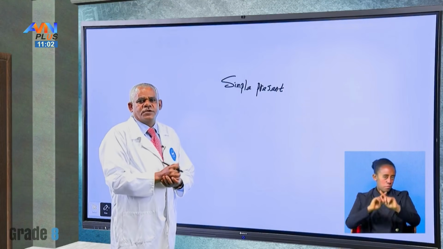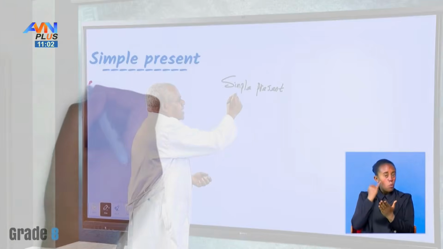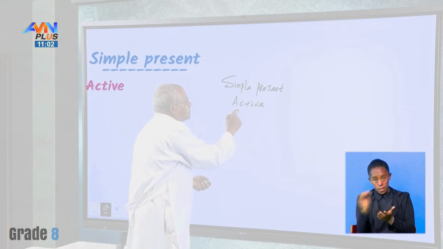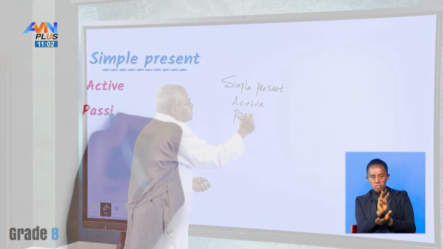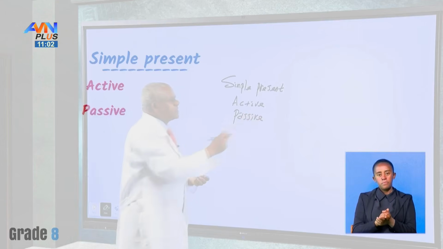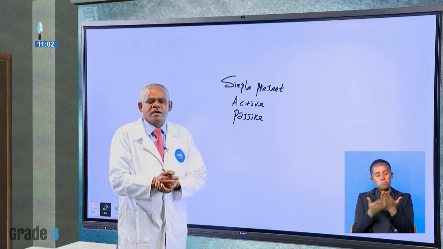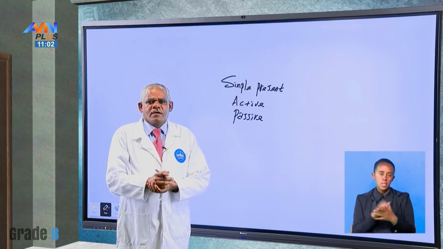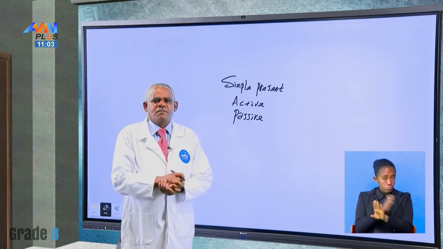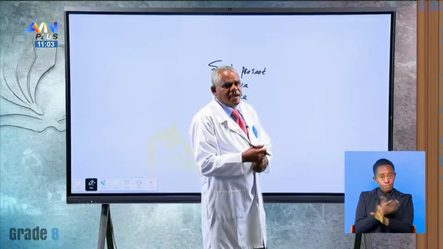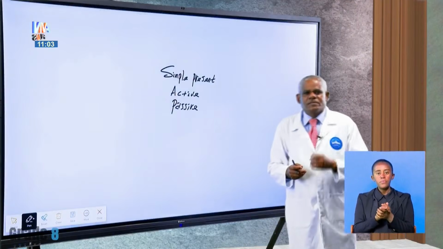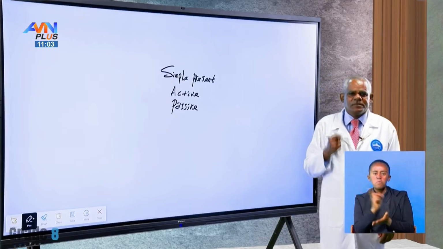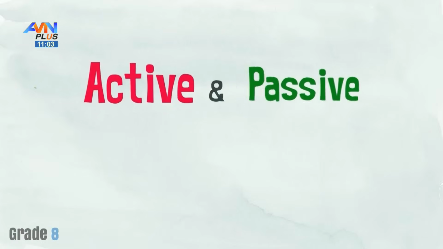But our issue is talking about active and passive tenses: the active form of simple present tense and the passive form of simple present tense. Before I give you some sample examples, I would like to give you some explanation about what active means and what passive means. Active and passive voice.